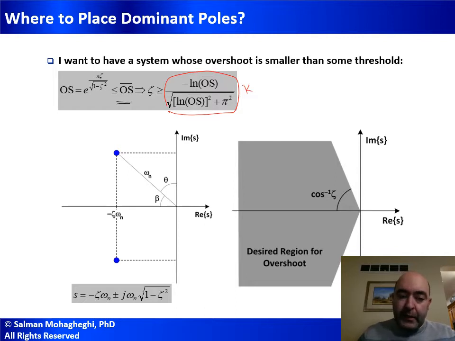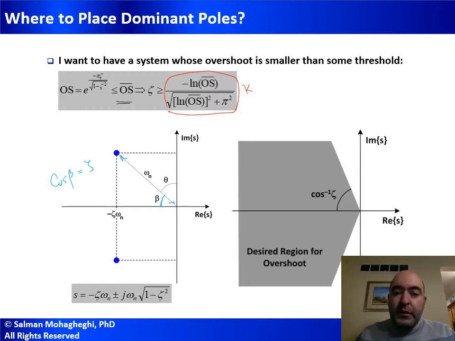Now again, go back to the geometry of the poles. Let me use a different color. So this being the distance to the origin, and this angle beta being the angle between that line and the real axis, the cosine of beta is going to be zeta.